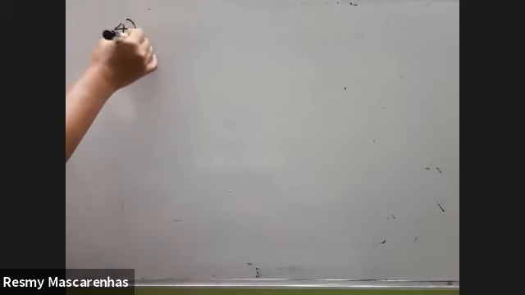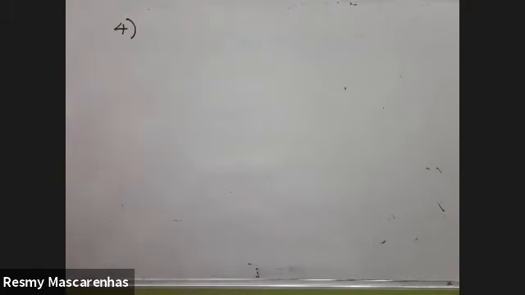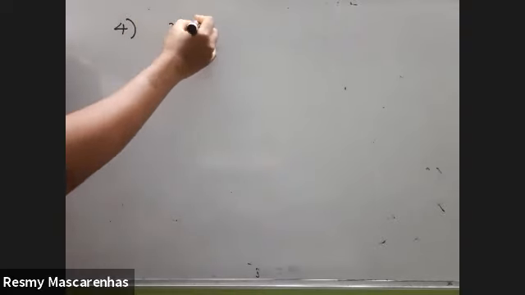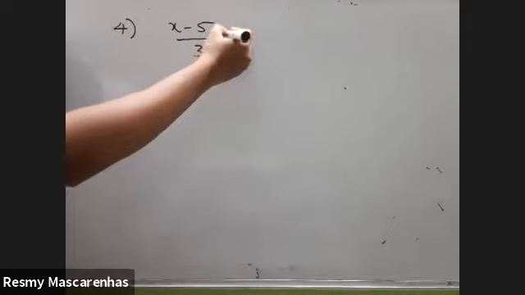Next one, fourth question. Find a vector equation of a line. Now this is called conversion from vector to Cartesian and Cartesian to vector. Suppose you want to do this; this is the equation given to you.